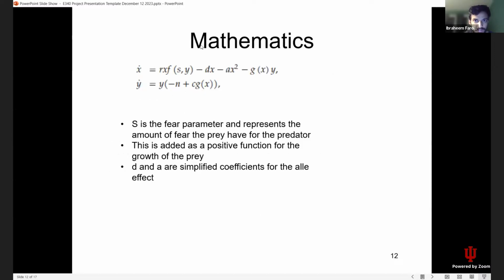So here we can see that in the mathematical model, in the growth section of the prey, it's now dependent on the intrinsic growth rate as well as this fear function, called f of S, y.